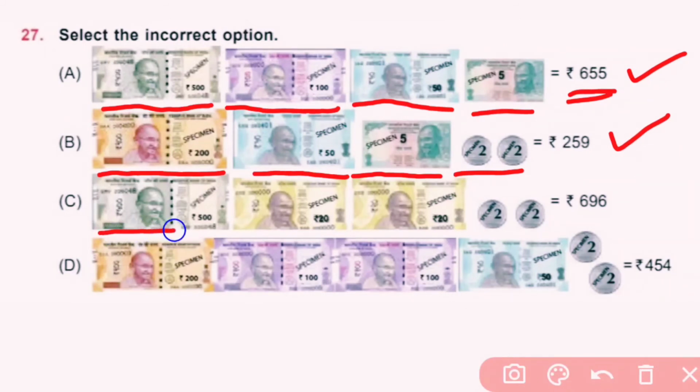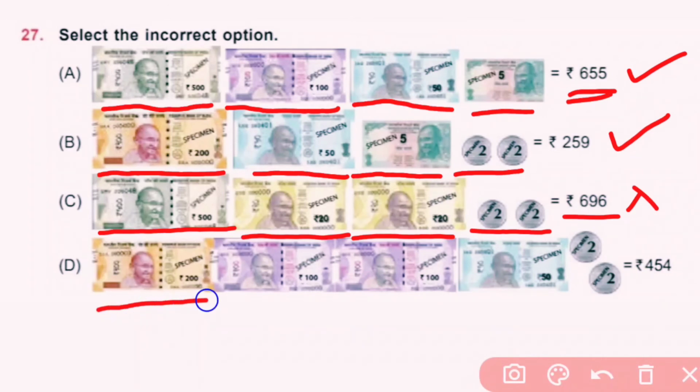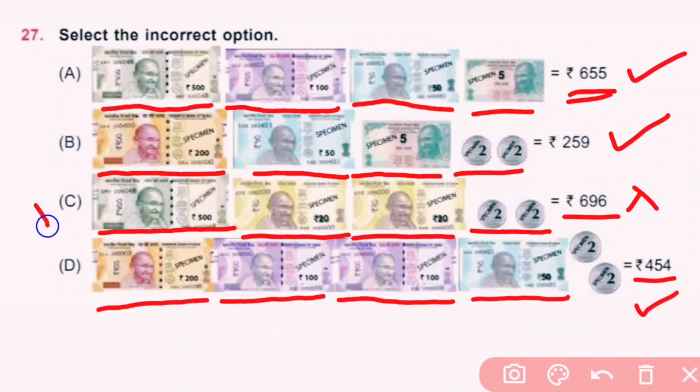Option C. This 500, 500 plus 20, 520 plus 20, 540, and 2 is 544. This is incorrect option. And option D. This is 200, 200 plus 100, 300 plus 100, 400, 400 plus 50, 450, and this 2 is 454. It is correct. Only option C is incorrect. So C is correct answer.